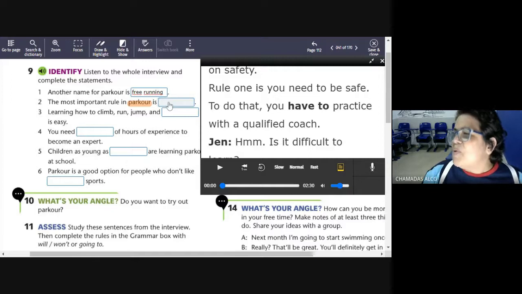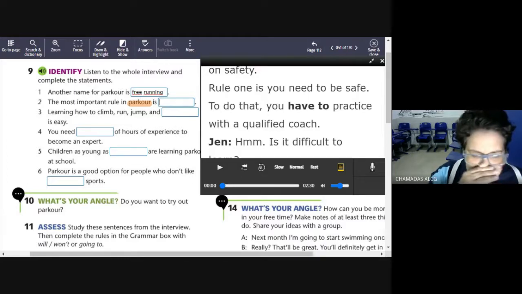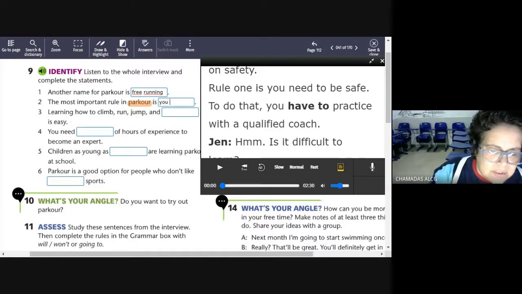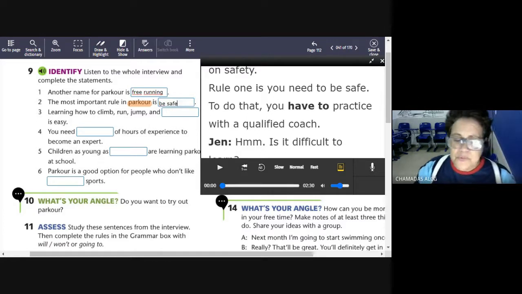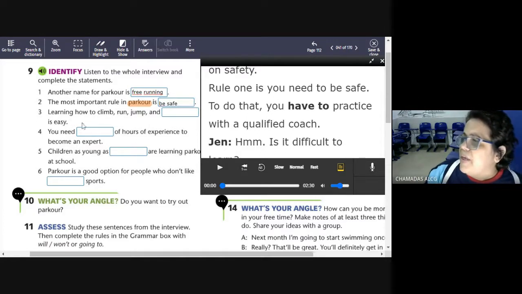So the most important rule in parkour is you have to be safe. Okay, guys, so let's put... all right. Number 3, learning how to climb, jump, run, and land is easy.